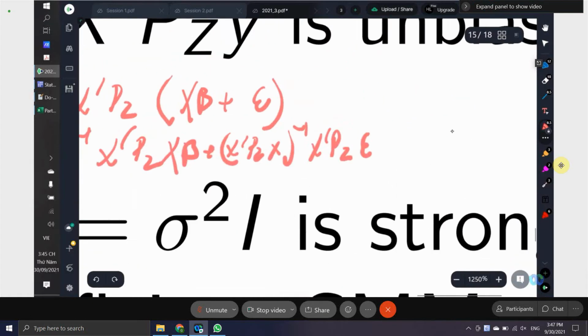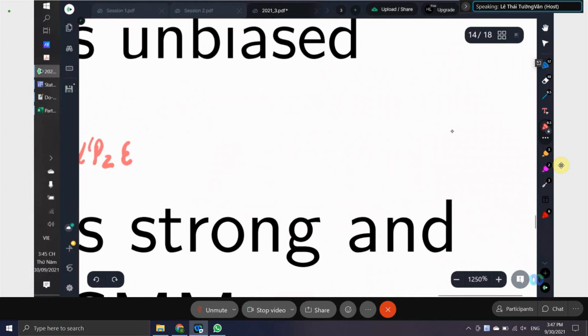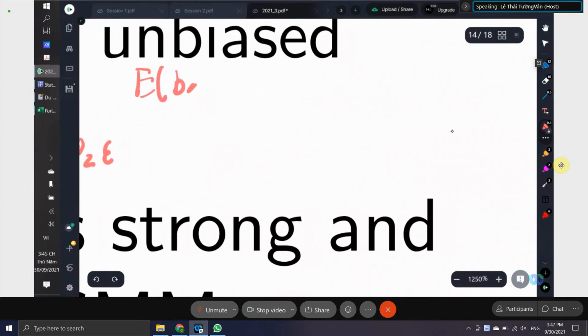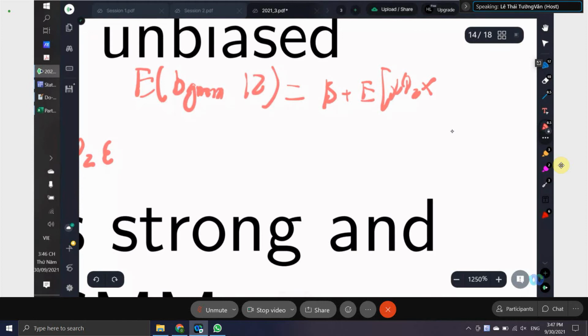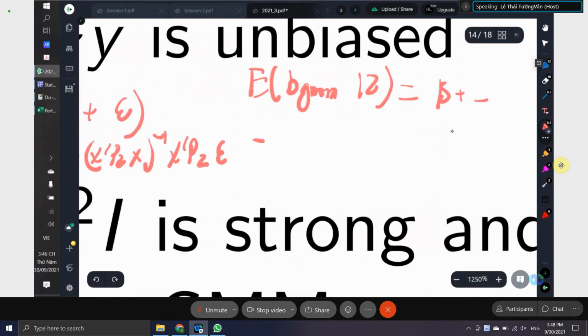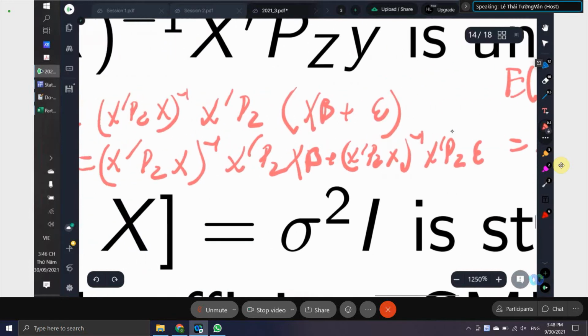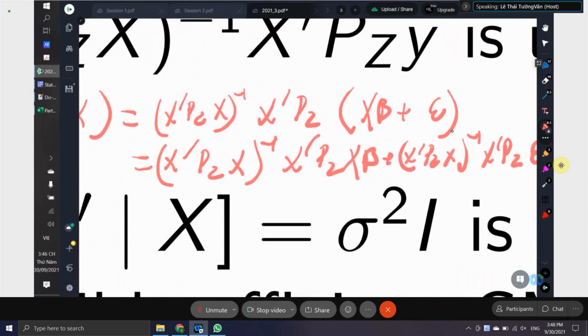Now if you take the expectation of beta GMM given z, it will be equal to beta plus the expectation of (x prime Pz x)... Let me write it down here. x prime Pz equal to x prime P. From down here, it will be equal to (x prime Pz x) to the minus 1, x prime Pz x, which is the identity.